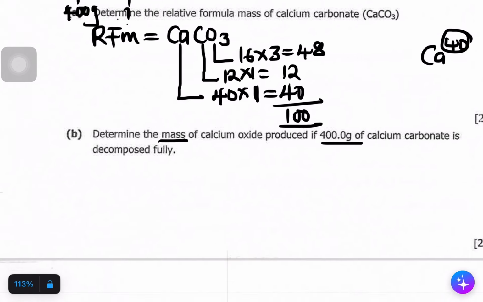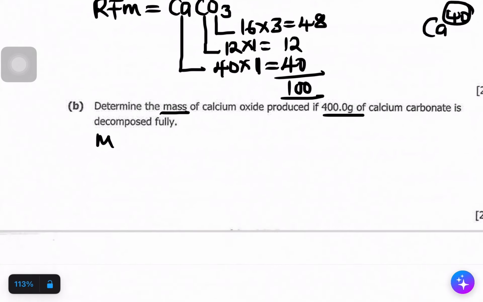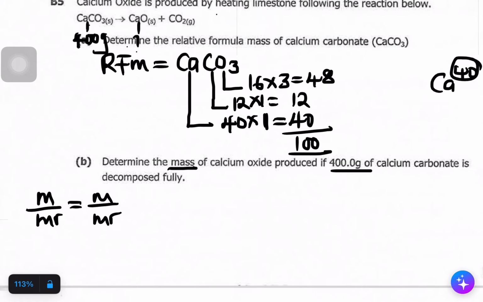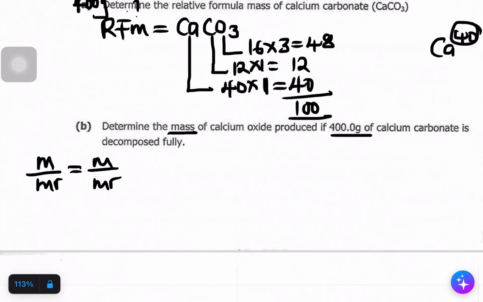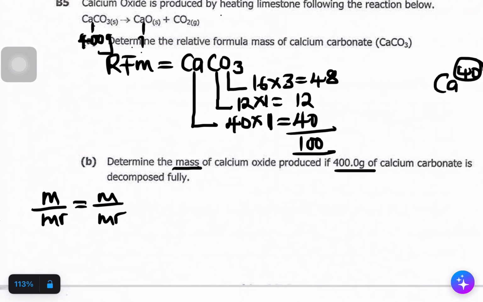To do that, we use this formula: mass over molar mass, equal to mass over molar mass. On the left side, we are given the compound calcium carbonate, with a mass of 400 grams.